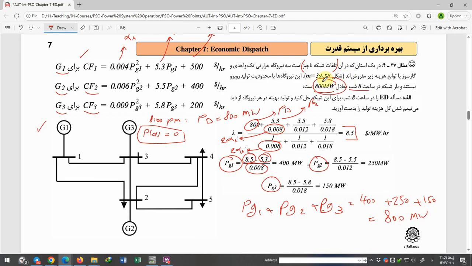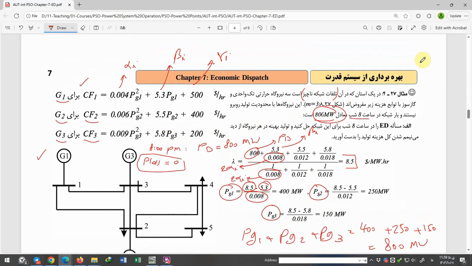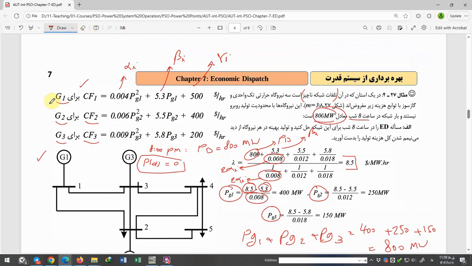That is given in the manuscript of problems. This is the input of the problem. This is called alpha, this is called beta, this is called gamma.